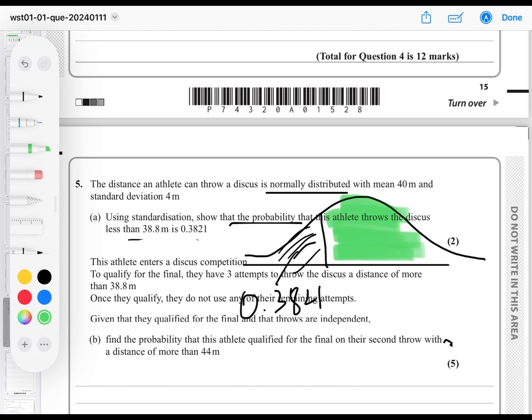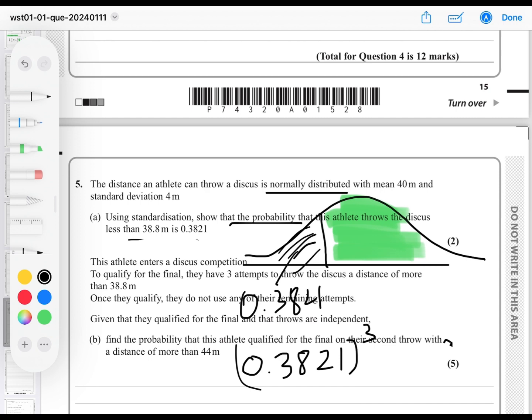So in actual they have 3 attempts. Let's suppose I take the view of the failure of all 3 attempts, so it will look like this.